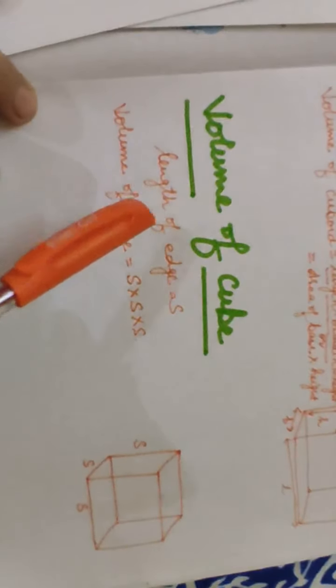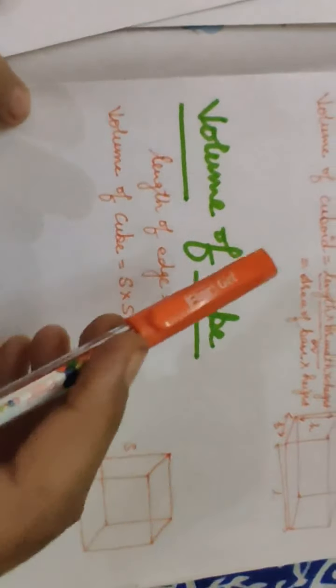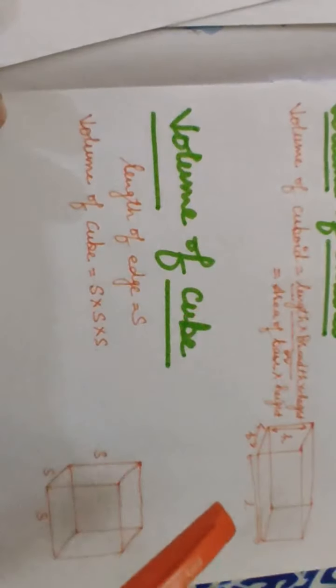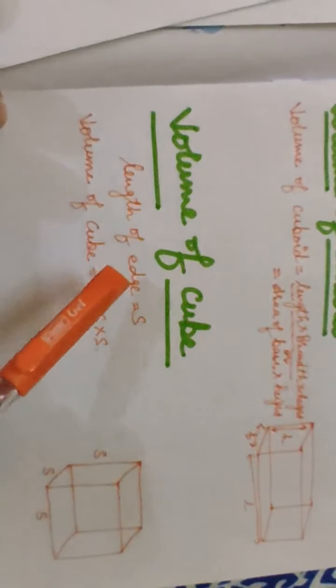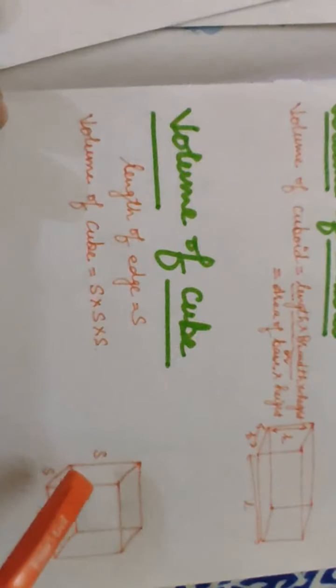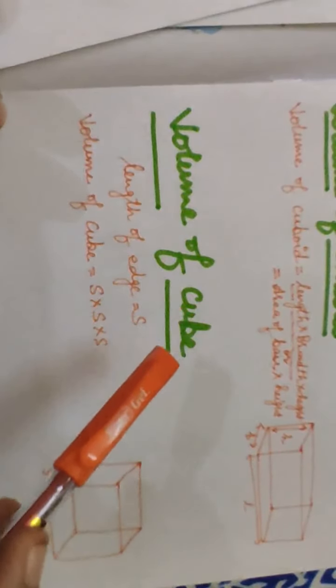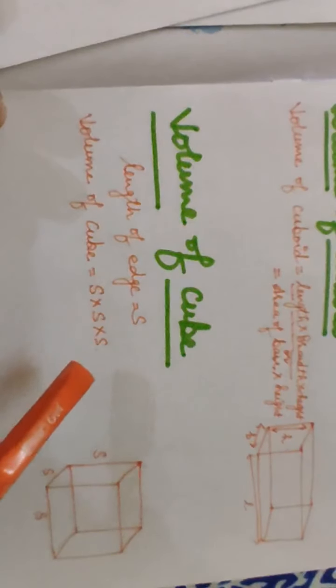Let us take the length of the cube as S. As we have learned the volume of a cuboid as length multiply breadth multiply height, if we take length, breadth and height as S, we get a cube. So the volume of a cube will be equal to S multiply S multiply S.